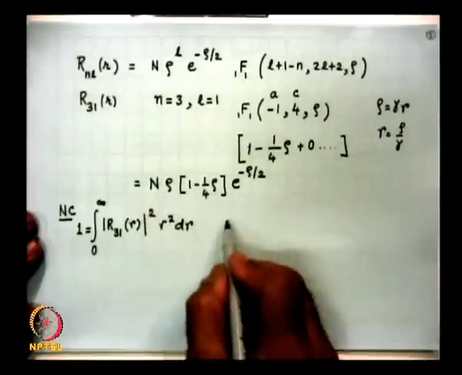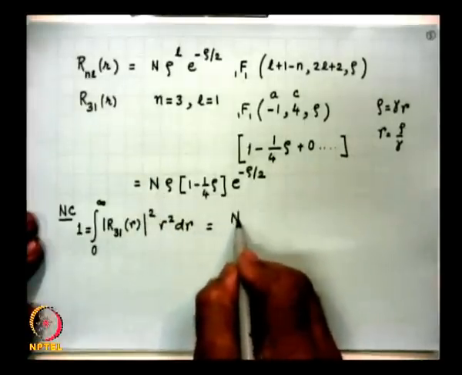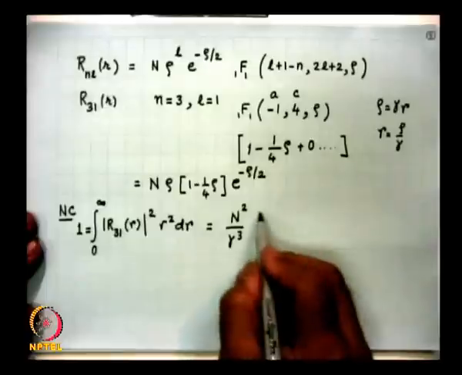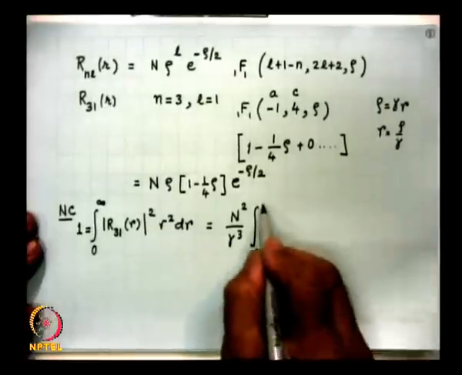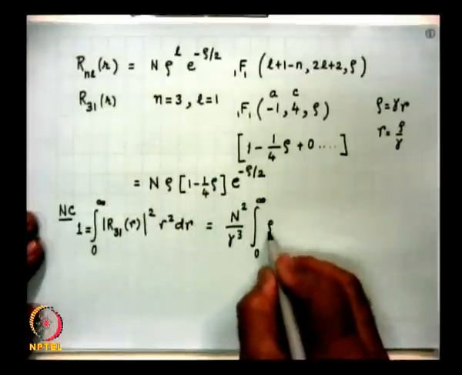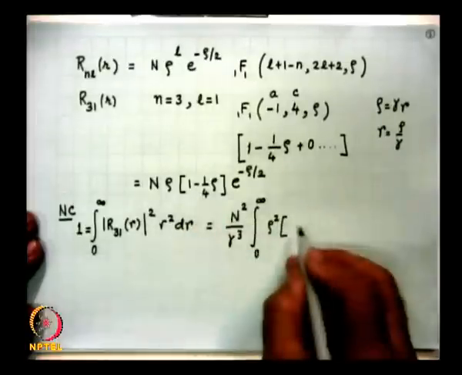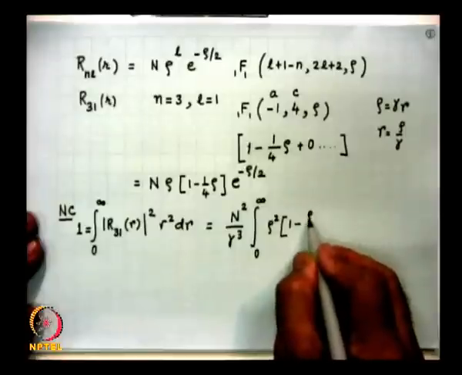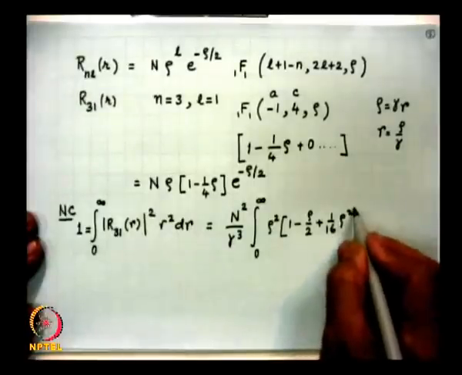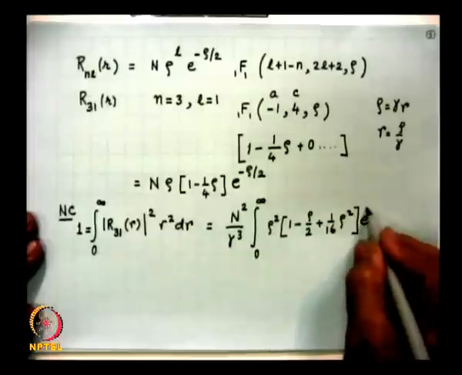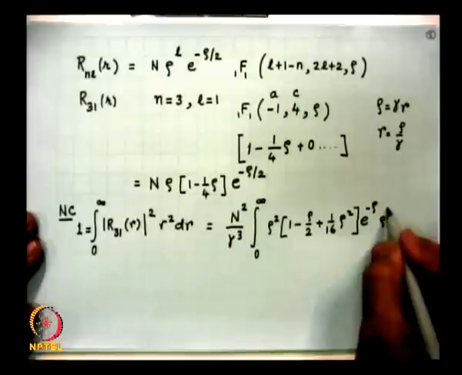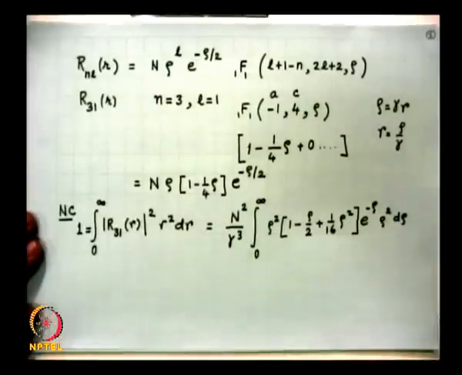If you square this, you will get N square by gamma cubed, integral from 0 to infinity, square of this, rho square, and if I square this, 1 minus rho by 2 plus 1 over 16 rho square, e to the power of minus rho times rho square d rho. I have taken the gamma cube outside.